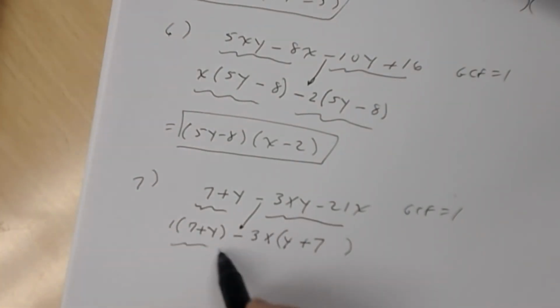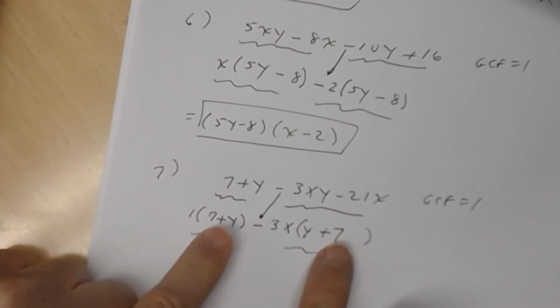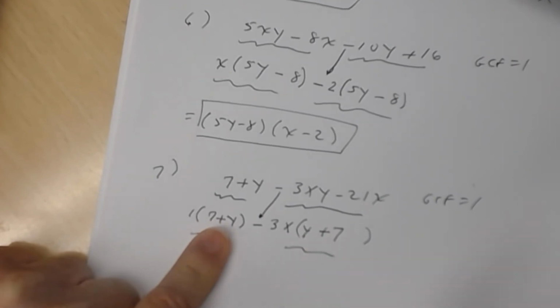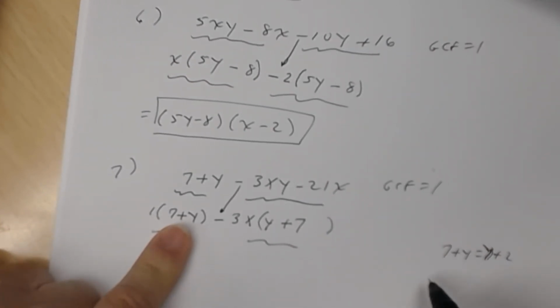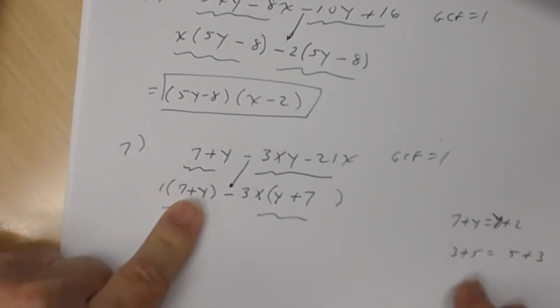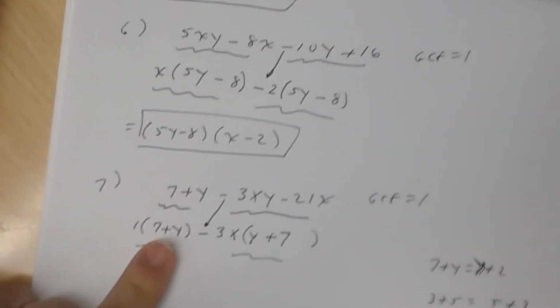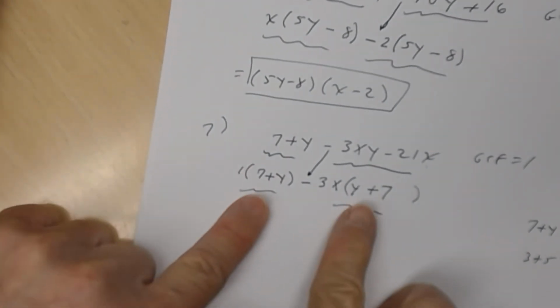So again, if I look at those two groups now, these two are actually the same. Because remember, 7 plus y is the same as y plus 7. So addition is commutative. The order in which you add does not matter. 3 plus 5 is the same as 5 plus 3. All right, so the order in which you add does not matter. So I do need to recognize, though, that these are the same.